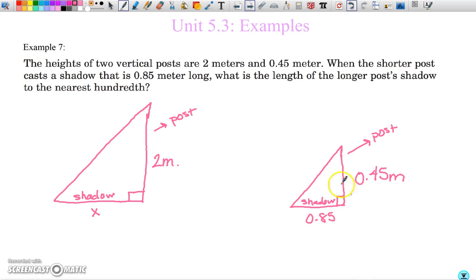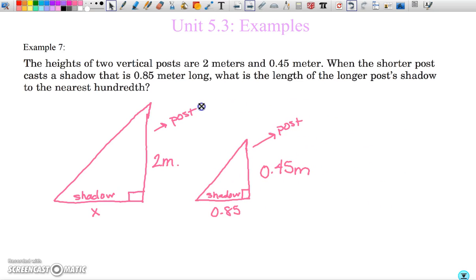Okay, now the way that this is set up, we are able to write a proportion. So if we go ahead and do that, and now basically it has to be an assumption a little bit because they didn't tell you they were similar, but that they would have to be in order to find this information. So you're going to take shadow over shadow, so x over 0.85, and set it equal to height over height, so 2 over 0.45.